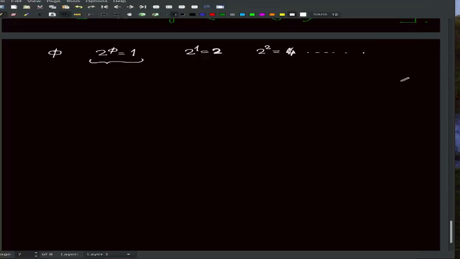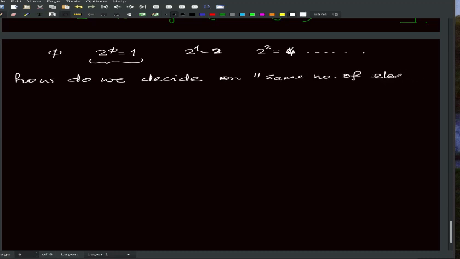It doesn't tell us how we decide. So the question is, how do we decide on saying same number of elements, or same size, and so on and so forth.